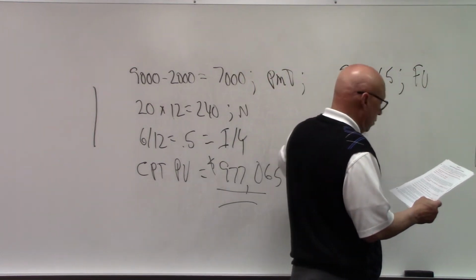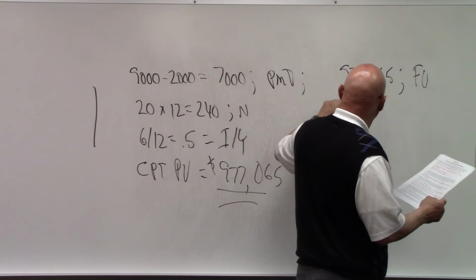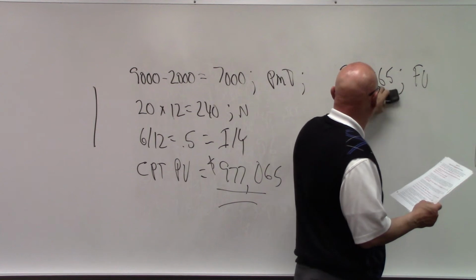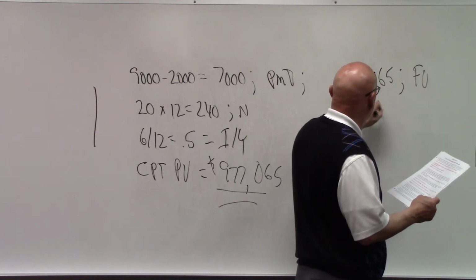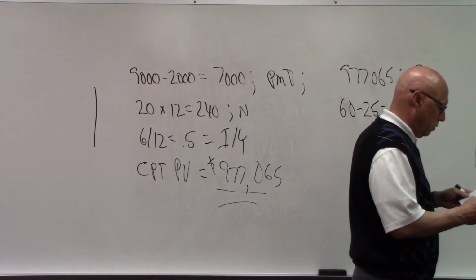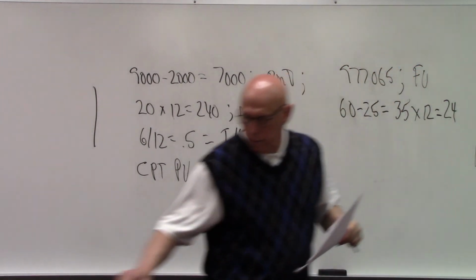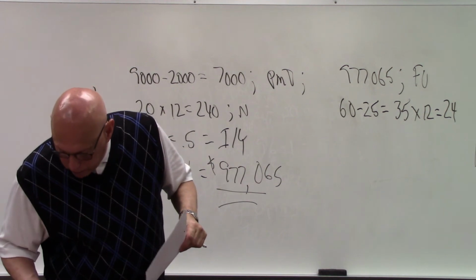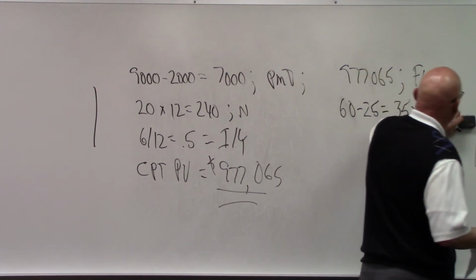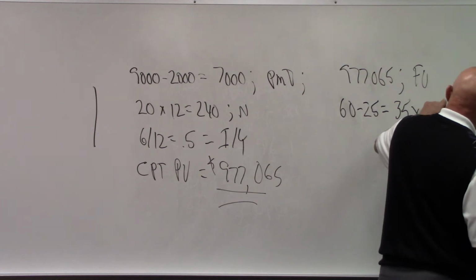And 60 minus 25 equals 35 years, times 12 is 200. No, that's not right. It's 420, I believe. 35 times 12. Yeah, 420.